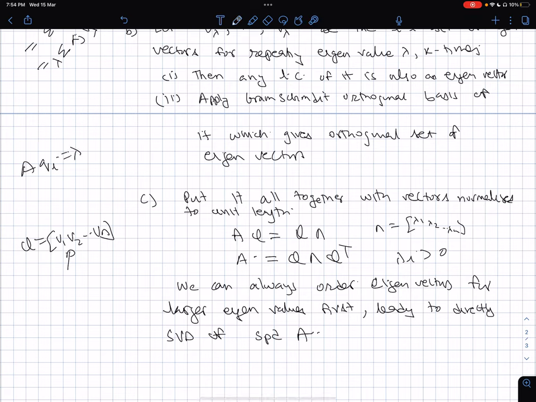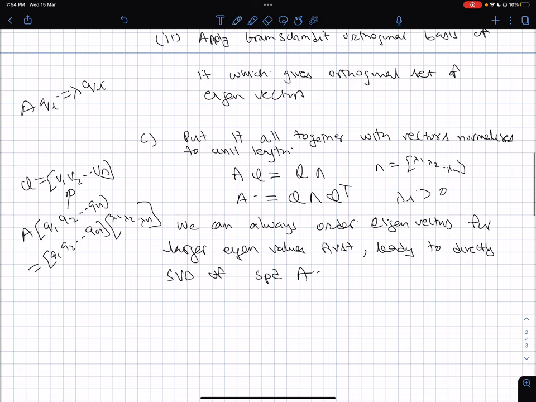A Qi equal to lambda Qi. Arrange it now, A times Q1 Q2 to Qn equal to Q1 Q2 to Qn times lambda 1 lambda 2 to lambda n, and arrange it in such a way that it is in non-ascending order.